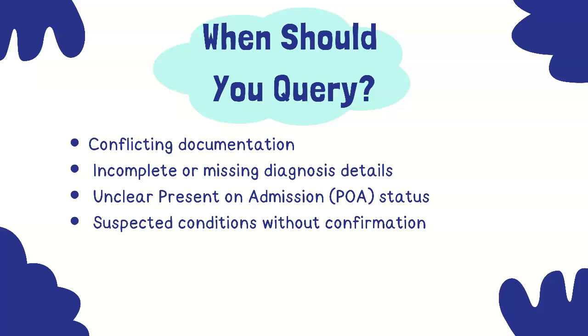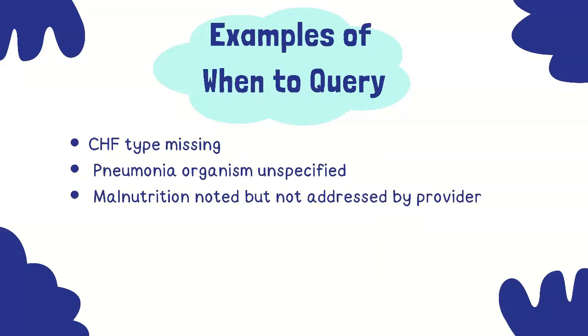And so one of the things that I want you to understand is that we are simply giving the provider their own information, and then we're asking them to make a decision. What's the goal? The goal is to ensure the documentation accurately tells the patient's story. At the end of the day, that's the goal.